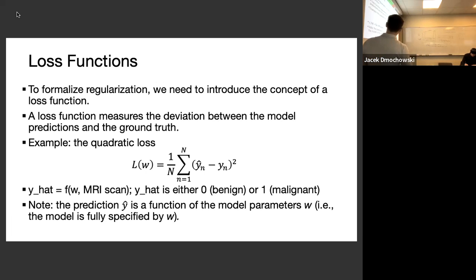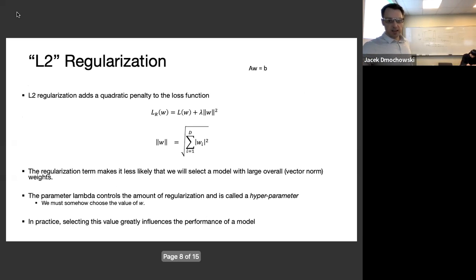Y hat is where your model comes in. The reason that W doesn't appear anywhere on the right hand side is that it's implicit in the y hat, and so is the x. The data is there as well. We want to use that loss function, and we want to augment it to add this regularization term.